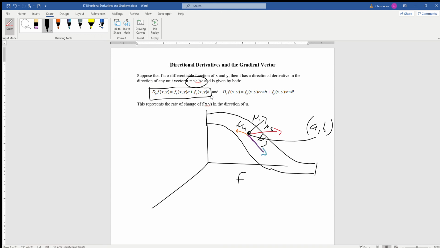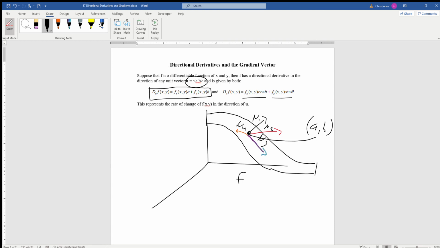We're just finding the directional derivative and essentially multiplying it by a magnitude of 1, which does nothing. The same thing over here. If we know the angle, we can just use cosine and sine of that angle because that represents the unit circle, and any point on the unit circle from the origin has a magnitude of 1 as well. So there are these angular definitions and then there's the vector definition.